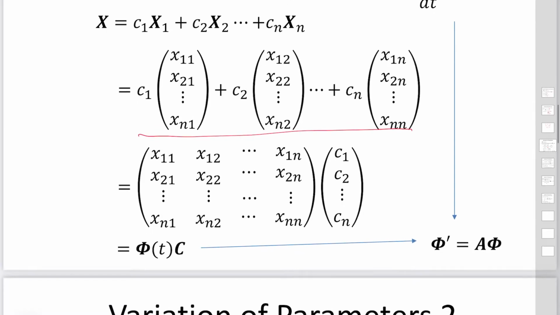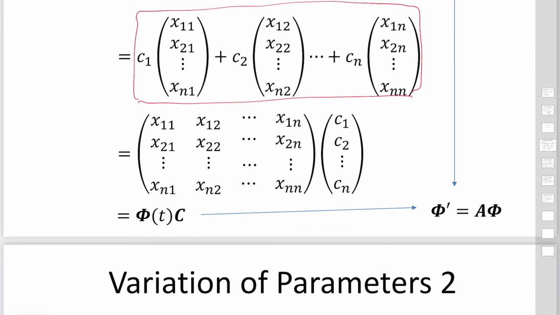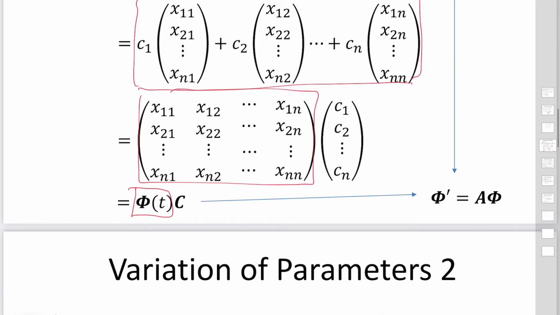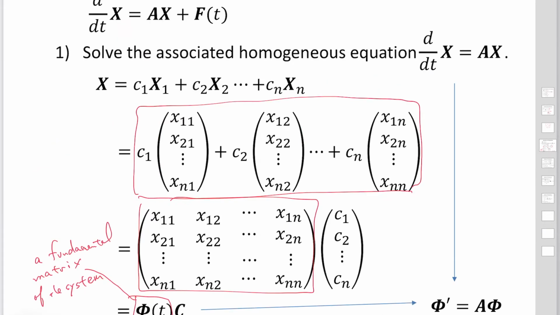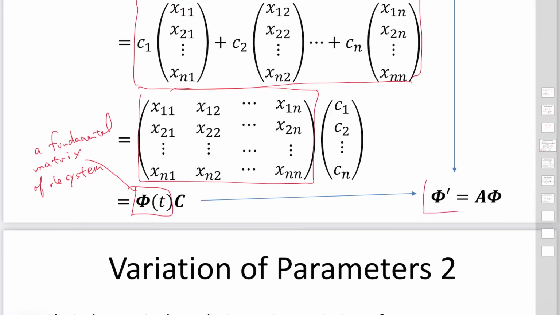Then we can combine these n terms into the product of a matrix and the vector of c sub 1, c sub 2, up to c sub n. We name this matrix capital phi as a function of t, times the vector c. We call it the fundamental matrix of the system. Then, by combining with the original equation, phi prime equals A phi. So we find the equation for phi.